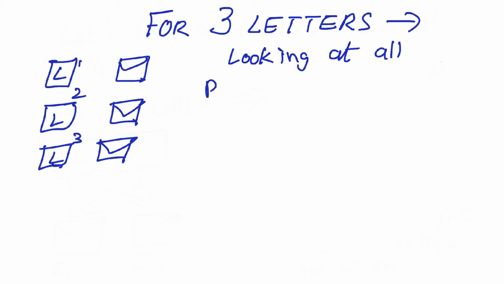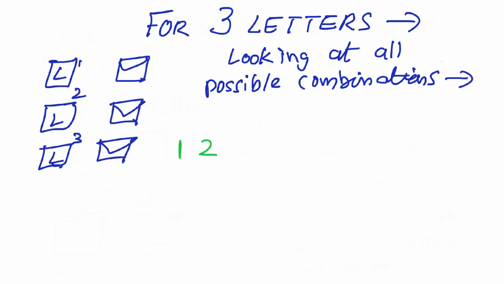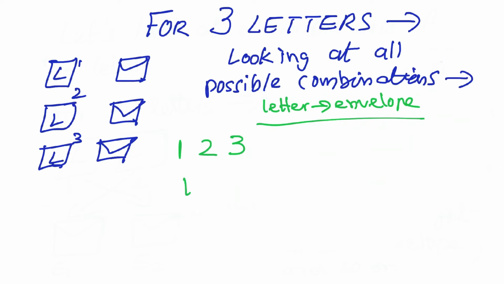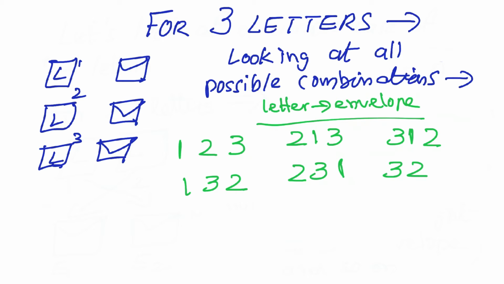What I am going to write here are the placements into which the letters are kept, so we are looking at all the possible combinations. Beginning with 1, 2, 3, that is the case in which naturally there's no derangement, because the first letter is going into the first envelope, the second to the second, the third to the third envelope.